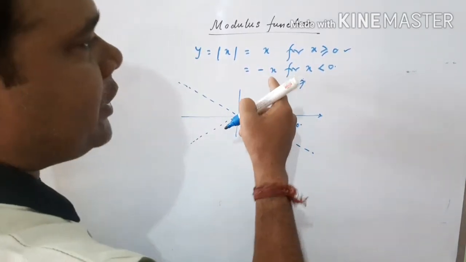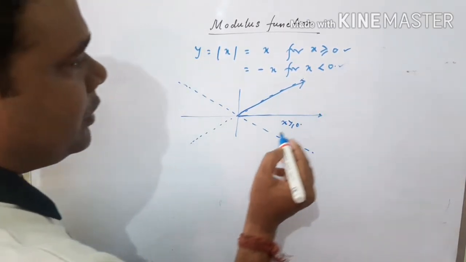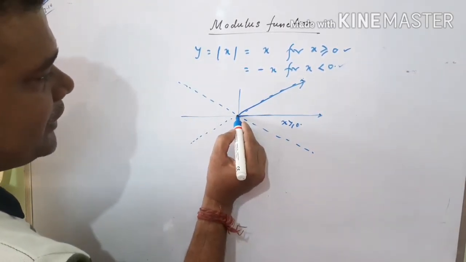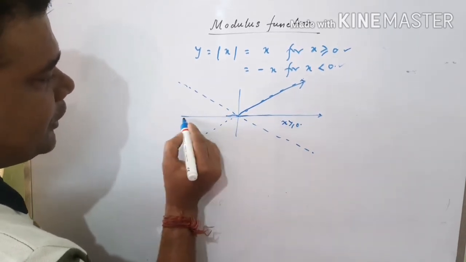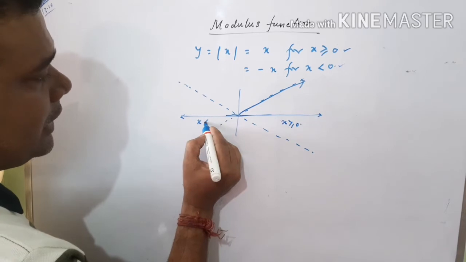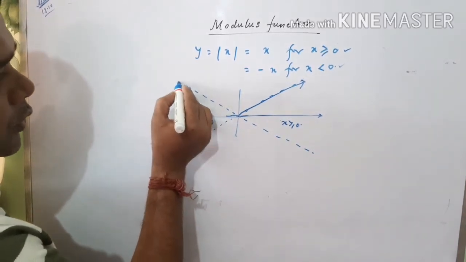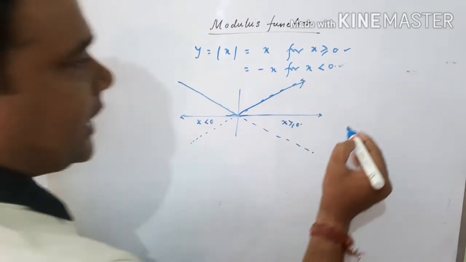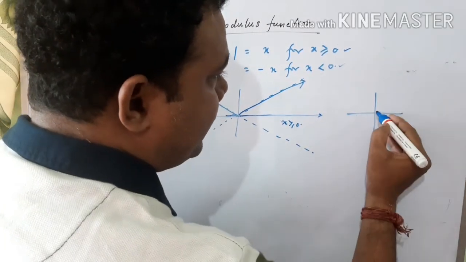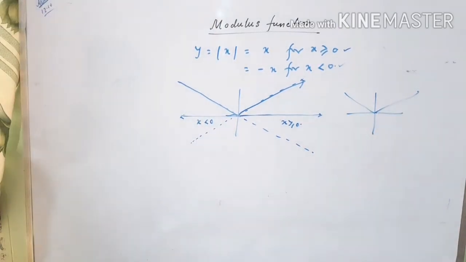Now y equal to minus x is valid when x is less than 0, and here is the point 0, and in this direction x is less than 0. So when x is less than 0, we only take this part of the graph. So practically, the graph of y equal to mod x looks like this.